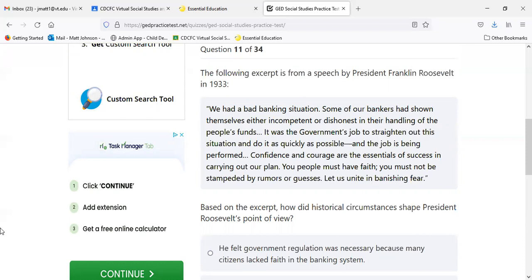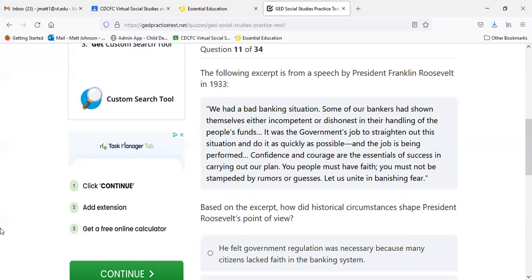It was the government's job to straighten out this situation and do it as quickly as possible. And the job is being performed. Confidence and courage are the essentials of success in carrying out our plan. You people must have faith. You must not be stampeded by rumors or guesses. Let us unite in banishing fear."